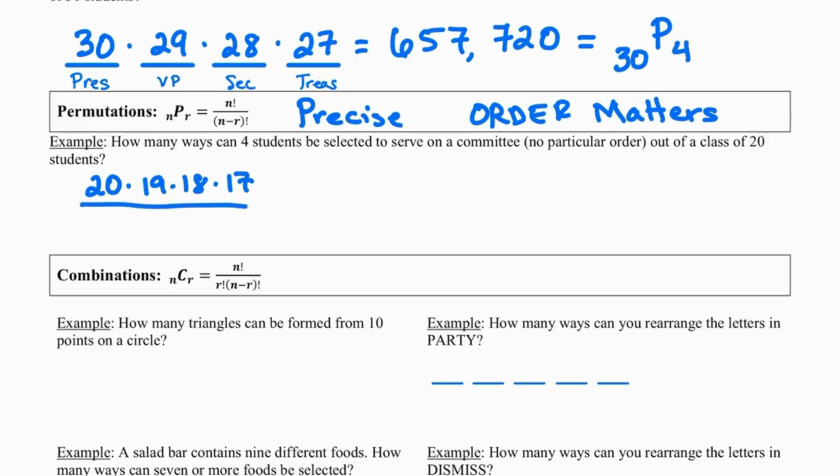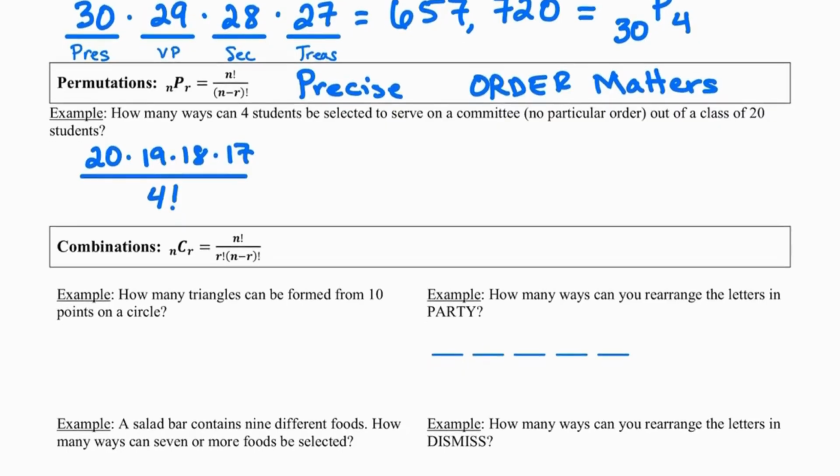So I can get rid of all of that repetition by dividing by 4 factorial, because there are 4 factorial different ways of reorganizing those 4 students. Or there's a formula that's already made for us for combinations.